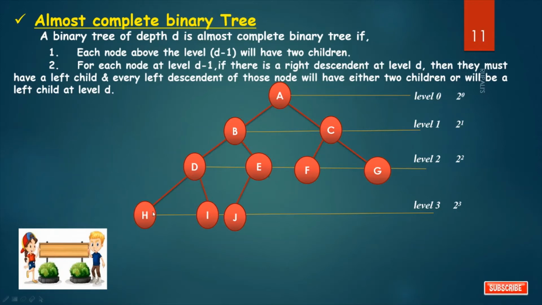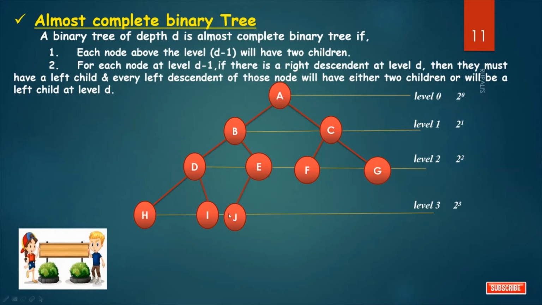And every left descendant of those nodes will have either two children or will be a left child at level d. Means what? Every left descendant of those nodes, if it is a left descendant of those nodes, will have either two children, there should be two children, or will be only one left child.